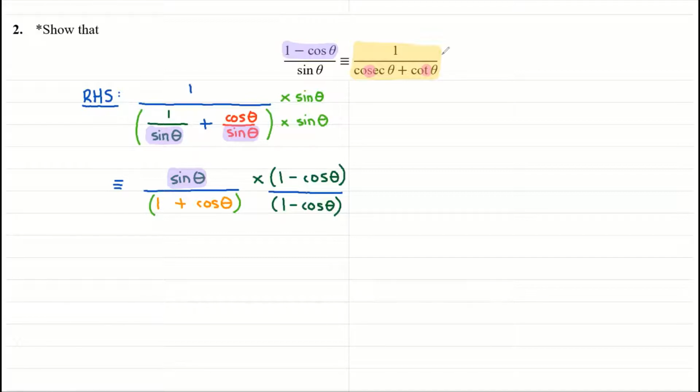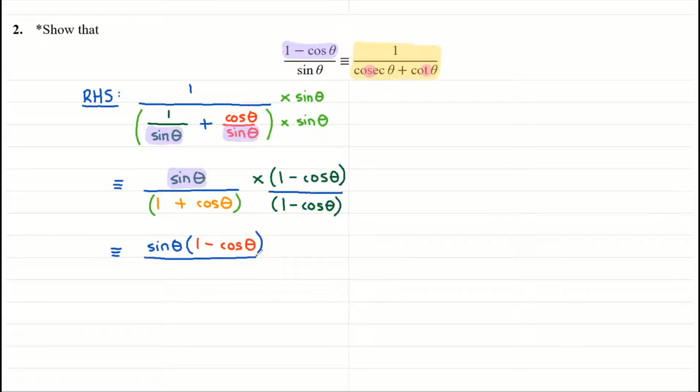So let's carry on. Now I've forced the issue. What happens? Well, I'm going to get in the numerator sine theta multiplying, and I'll just leave it as it is. I'm not going to expand it or anything. 1 subtract cos theta, like that.